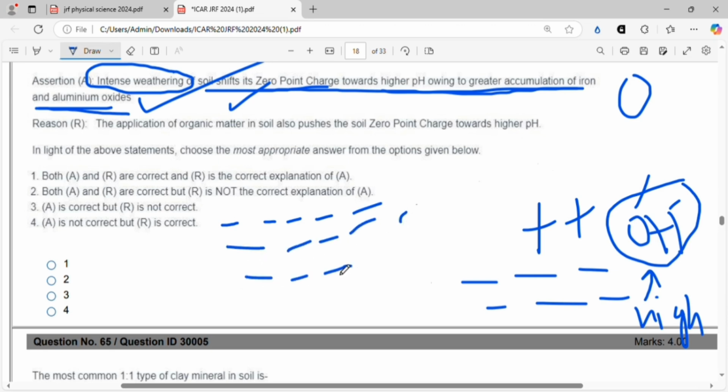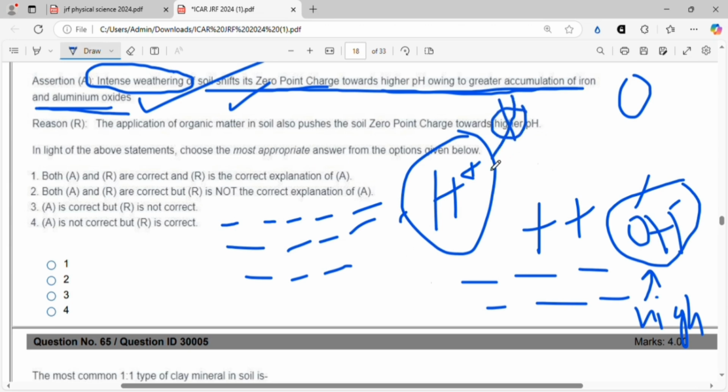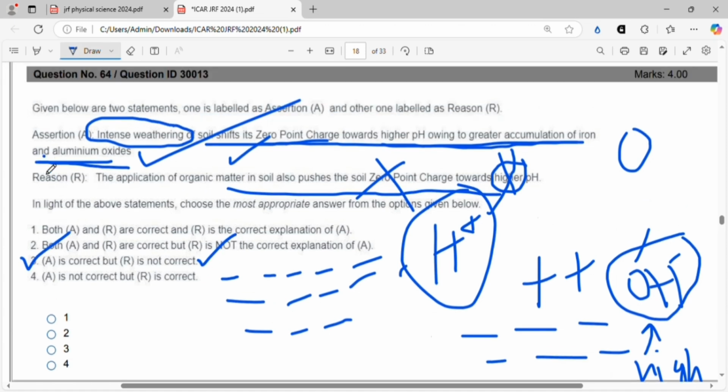So this will require more H plus ions for neutralization, and more H plus ions are available at a lower pH. So with addition of organic matter, the ZPC will be pushed to lower pH and not higher pH. So the correct answer is option 3, where A is correct, but the statement R is not correct.